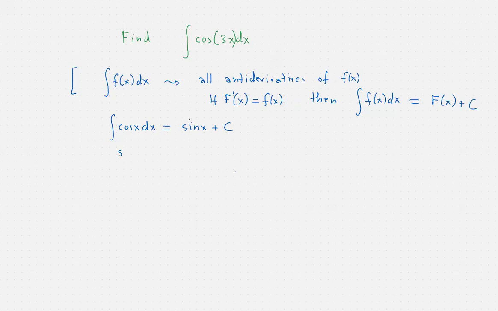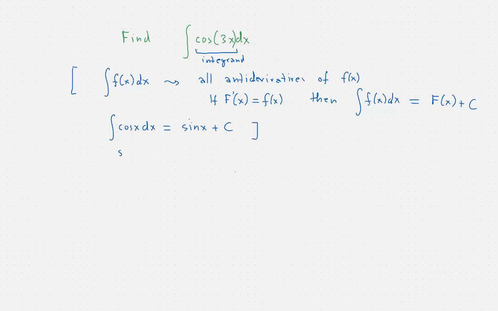So it doesn't give us the integrand, but rather it gives us a constant multiple of the integrand. Then the correct antiderivative is our first guess divided by that constant. And this is exactly what we're going to apply in this particular problem.